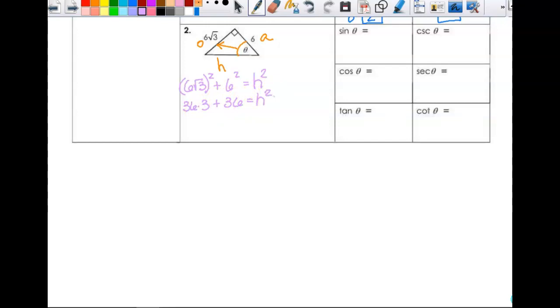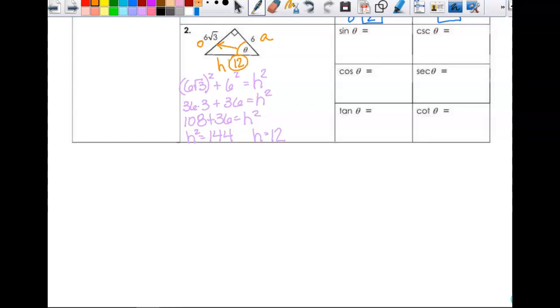What's 36 times 3? 108 plus 36 equals h squared. So h squared equals 144. What does h equal? 12. Should it be plus or minus? What do you think? It's always positive because it's a side length, right? Negative wouldn't make any sense right here.